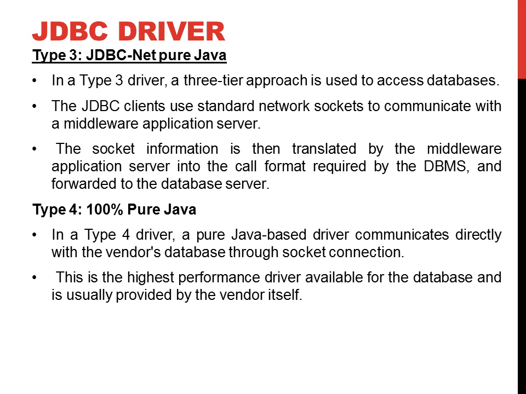Here the JDBC client uses a network socket to communicate with a middleware application server, and that socket information is translated by the middleware application server into the required format of the DBMS, and then it is forwarded to the database server. So in this case, an additional middleware application server is required. That middleware application server will convert the JDBC call to the required format of the DBMS.